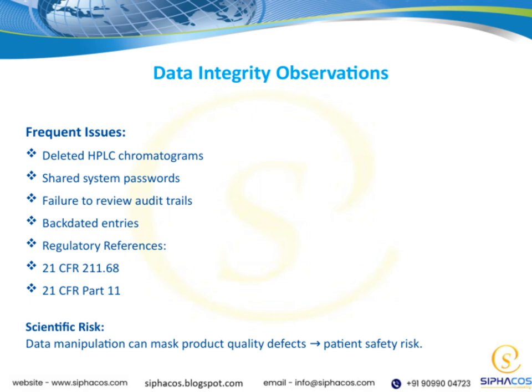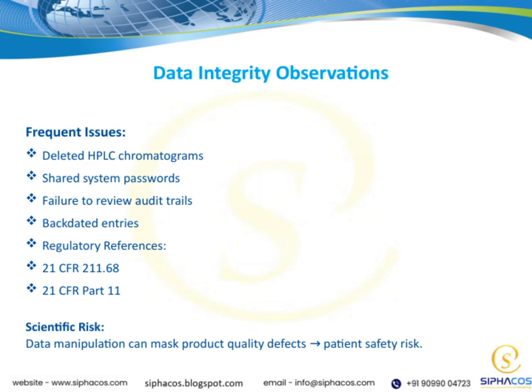Now, these issues are not just regulatory breaches. They can directly impact product quality and, ultimately, patient safety. Regulatory references like 21 CFR 211.68 and Part 11 set strict standards for data integrity, emphasizing the need for secure, accurate, and auditable records.